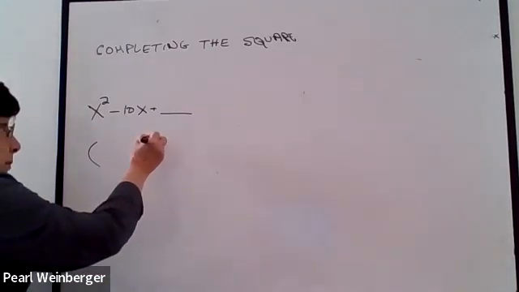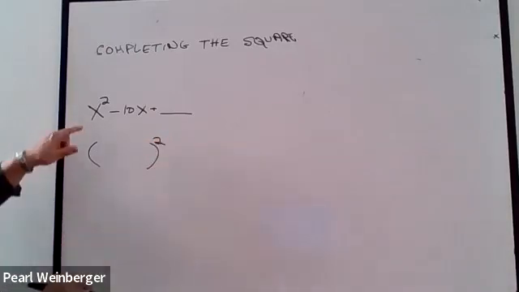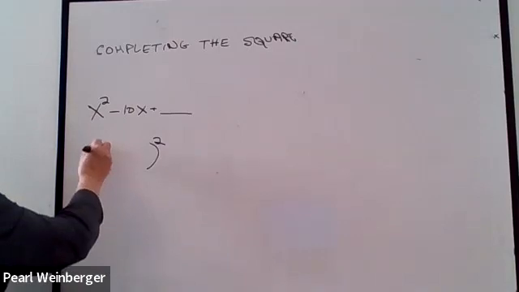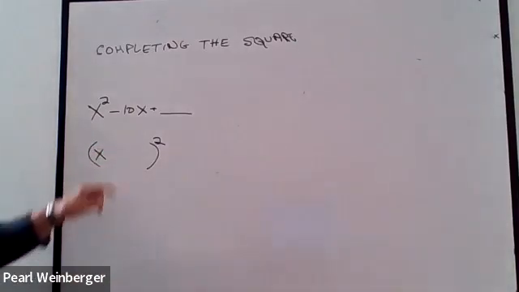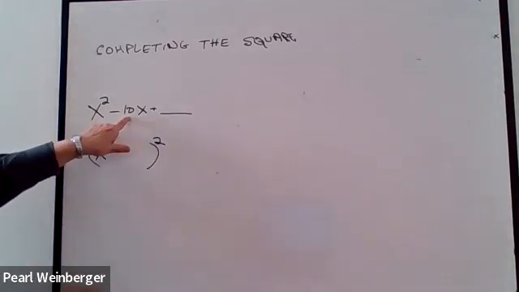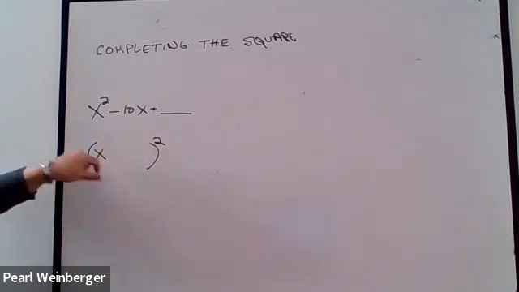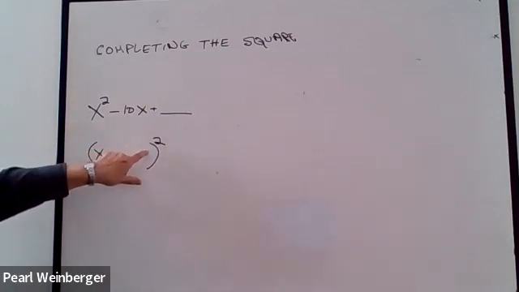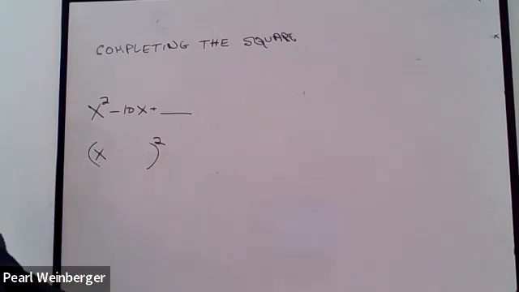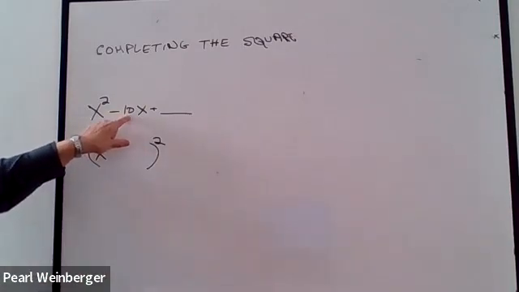Let's remember, in other words, we want to get a binomial squared out of this. Well, of course, the x squared will give us just an x. How did we get to this -10? If you remember, we took the two numbers, the x and the number, and doubled it to get to this -10x.